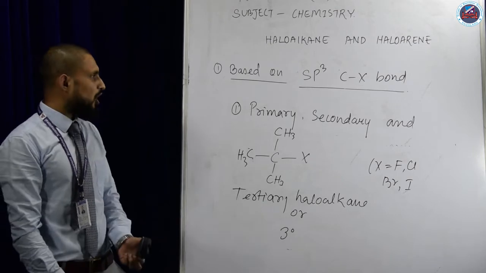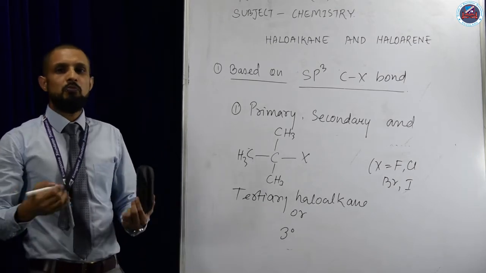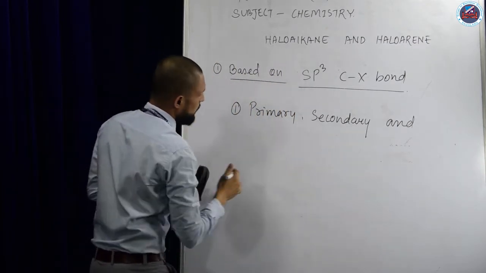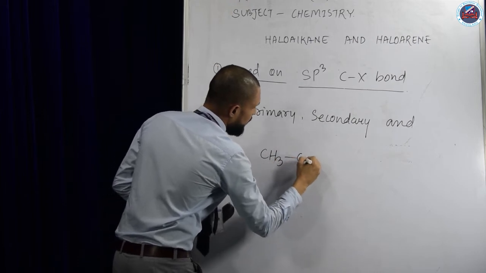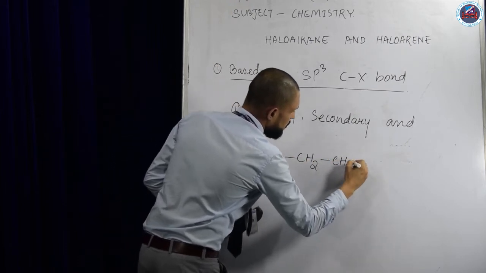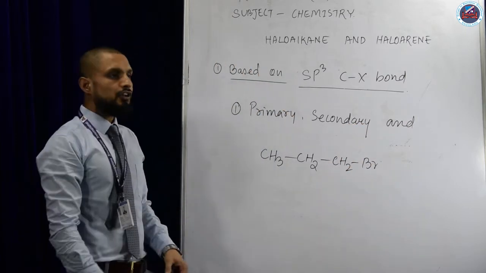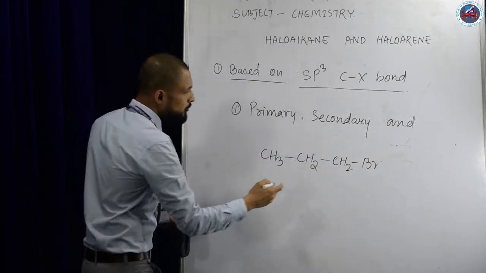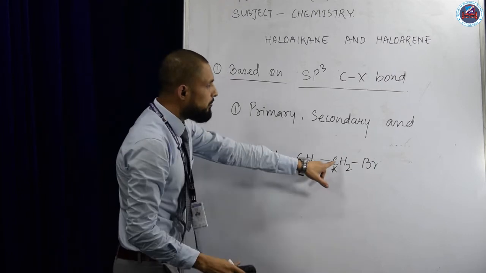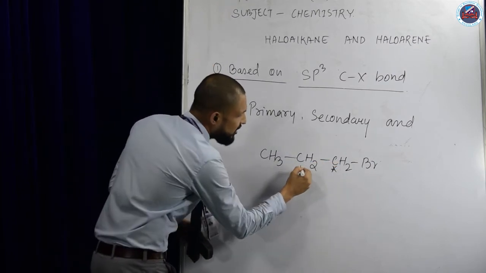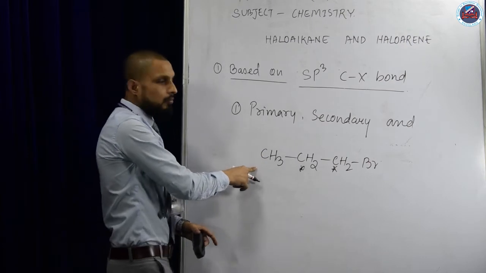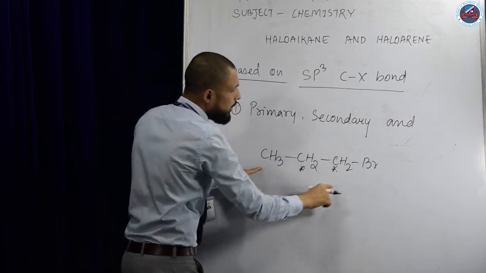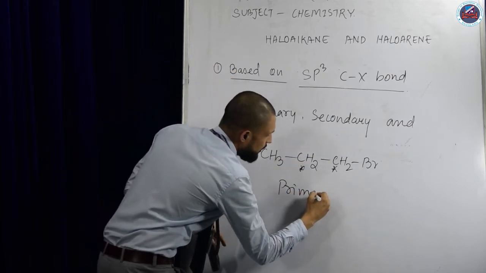So I'll explain this primary, secondary, tertiary with the help of more examples. So let us take the first example. So you have this compound CH3CH2CH2Br. So now you can see here the halogen atom is bromine. Now this bromine is attached to this carbon, and this carbon is attached only to one carbon. You can see there is one more carbon, but there is no direct linkage between these two carbons. So this compound is primary haloalkane.